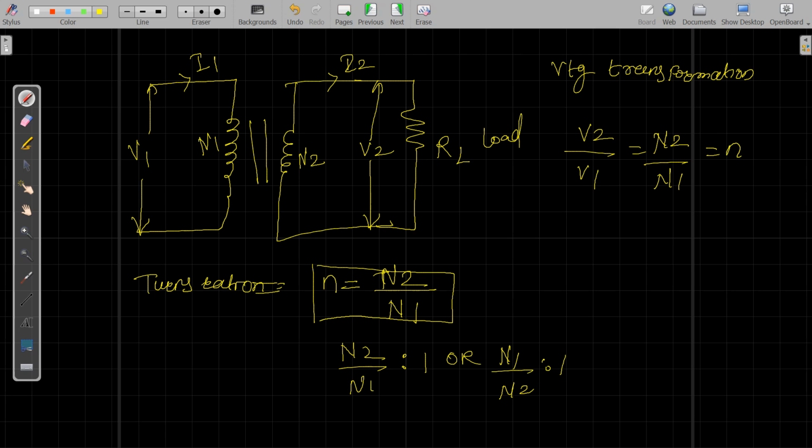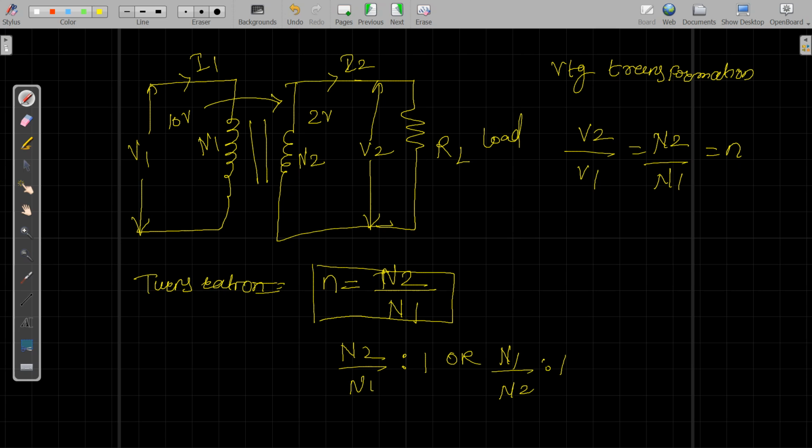When the number of turns on the primary is more than the number of turns on the secondary, we call it a step down transformer. Let us say you have 10 volts here. If it is a step down transformer, that means N2 turns are less than N1, you will get 2 volts over here. That means you are reducing the voltage, that is step down.